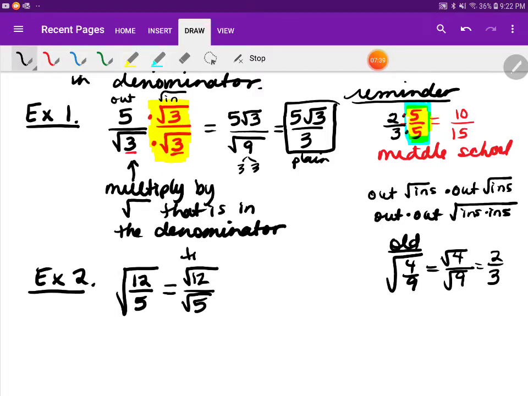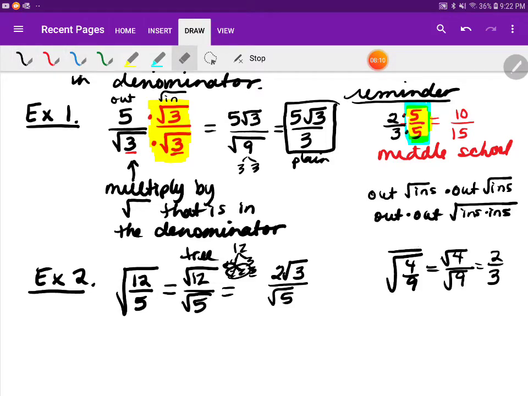Now for me, any time I see a number that makes a tree, I know that the numbers get friendlier if I make the tree now instead of wait till later. So if I want small numbers, I'm better off doing the tree right now. So the tree for 12 would be 4 times 3, 2, 2, 3, so 2 radical 3. 2 comes out, 3 stays in. Still have a radical 5 in the denominator.